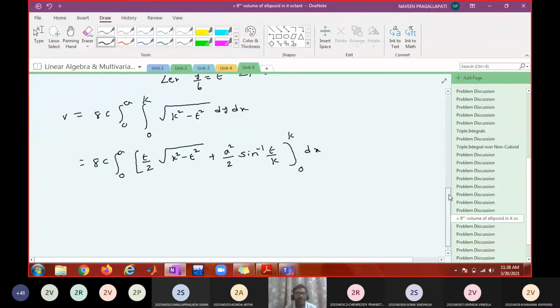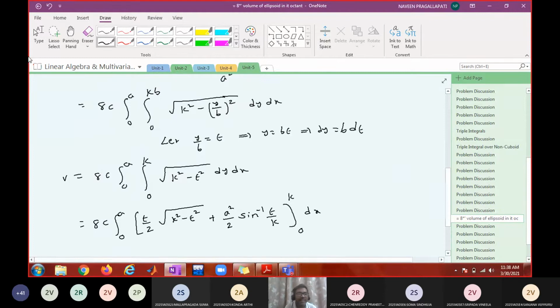dx, right? I think there is a mistake here. I made a mistake. I am changing the variable from y to t, no? So then what is dy? dy must be b dt. Can you see that?